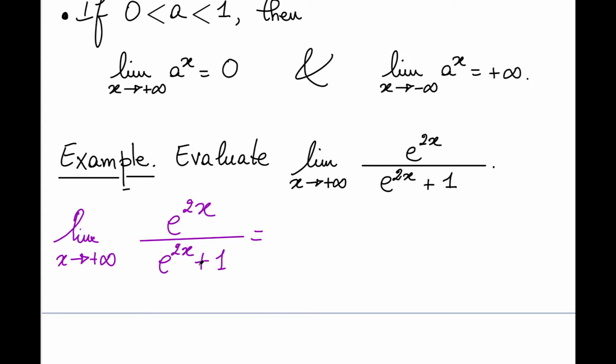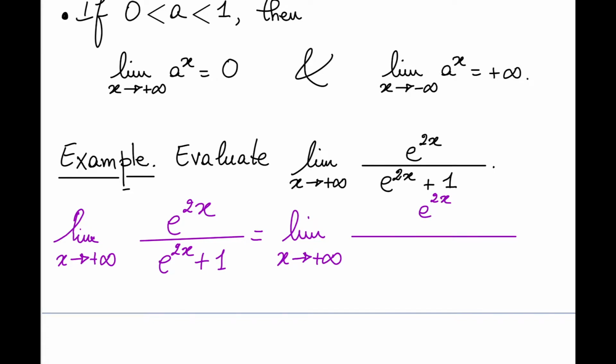As we said, this is infinity over infinity, so we have to do some algebraic manipulation here. What we're going to do is divide upstairs and downstairs by e to the power 2x.